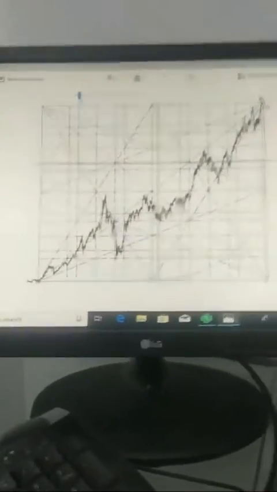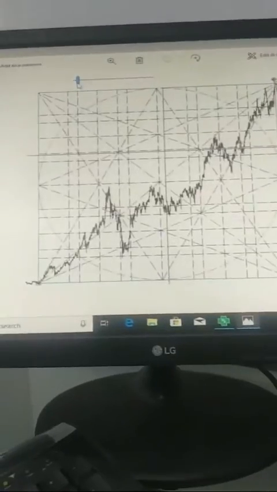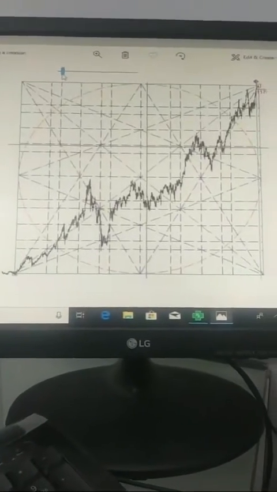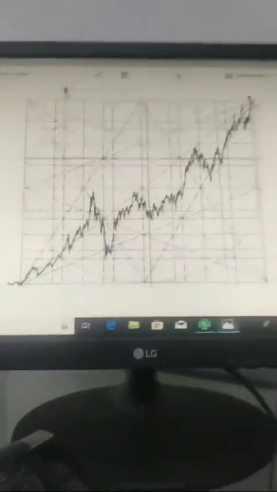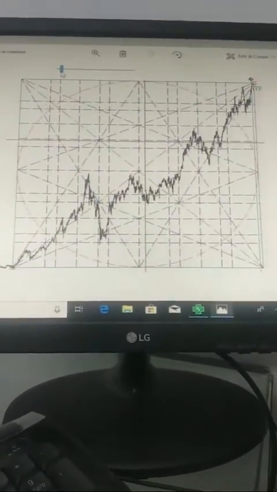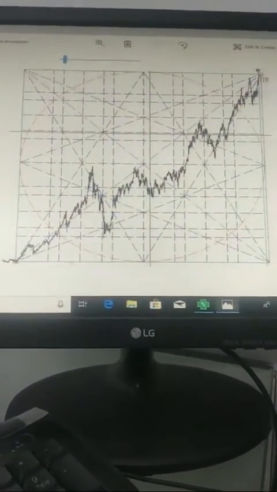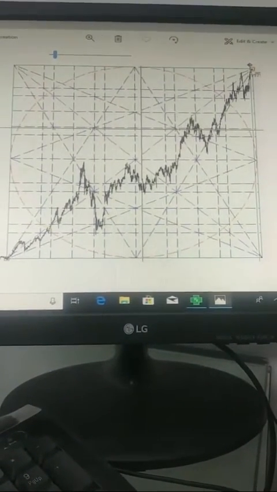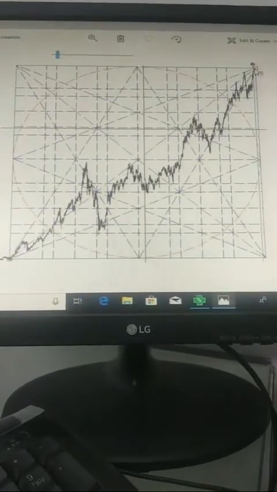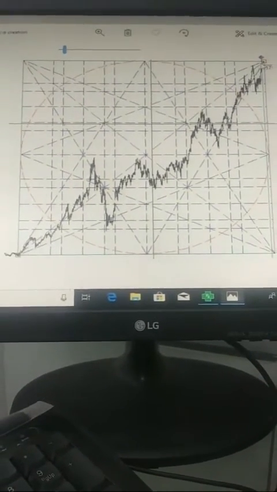So friends, this is the Nifty chart inside the Gann box. You can see over here, this is the bottom, and over here, this is the top. But this is not the right method.